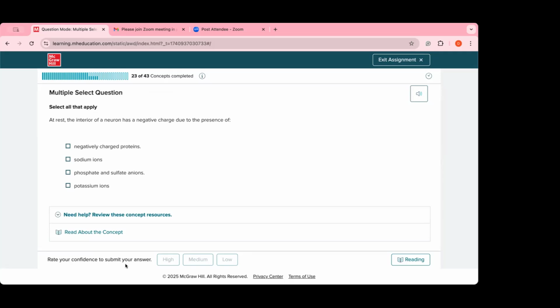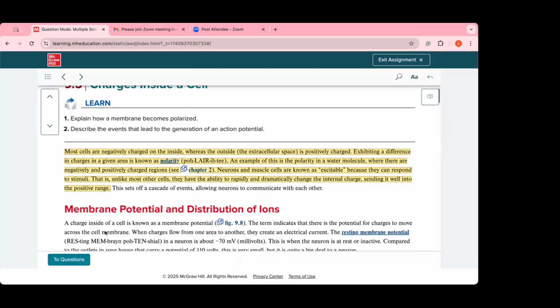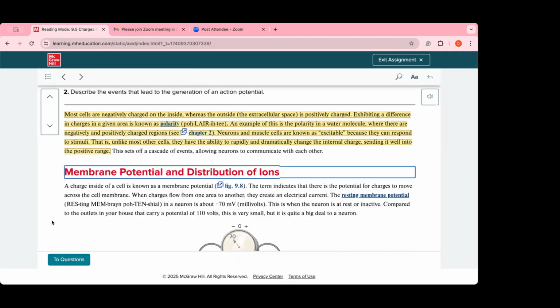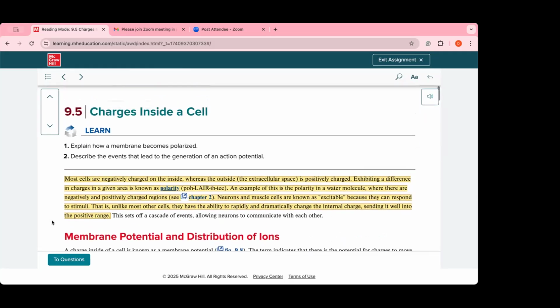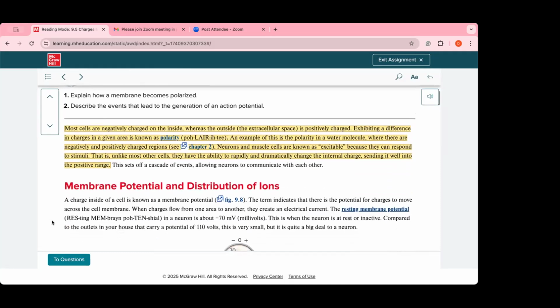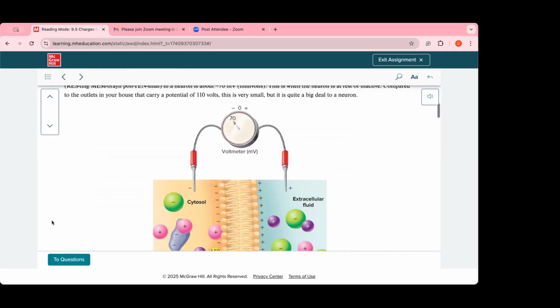I think I remember proteins, but let's read about it because there's more than one answer to this. Let's see. Keep going. Go down the page. Scroll up, yeah.